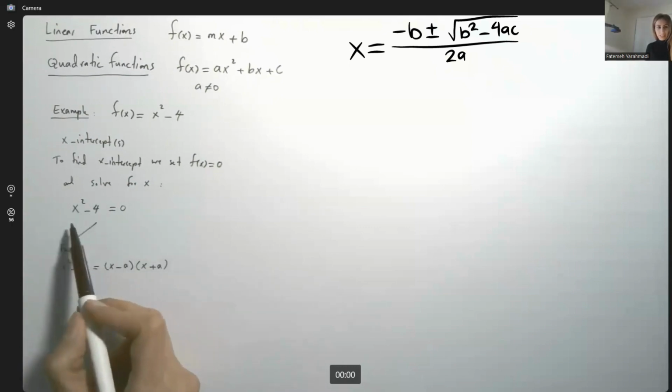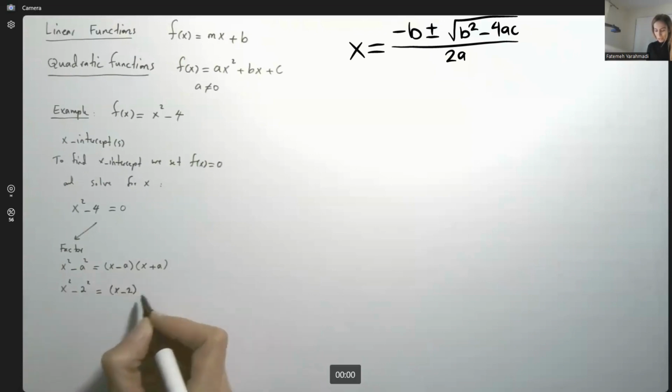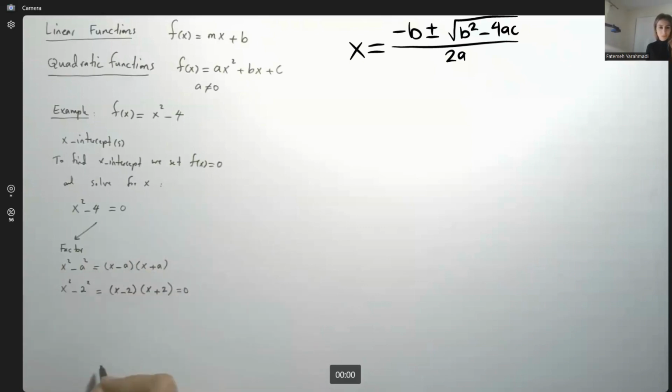So x squared minus 4, which is x squared minus 2 squared, is x minus 2 times x plus 2. I'm setting this equal to 0. The multiplication of two quantities is equal to 0, so x minus 2 is 0 or x plus 2 is 0. By solving the first one, x is 2. By solving the second one, x is minus 2.